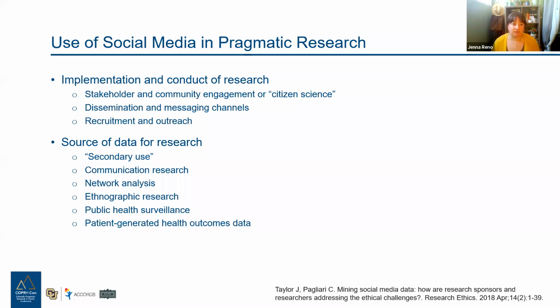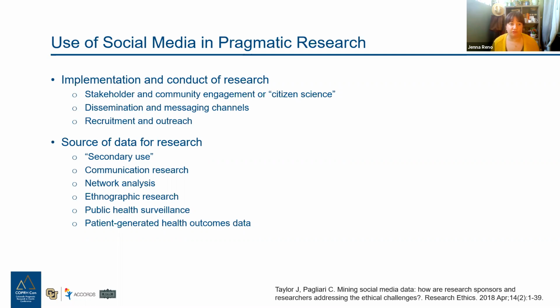This includes thinking about it as secondary use. We could use it for communication research, for comparing different strategies for communicating. You can perform what's called network analysis for understanding how different communities and groups of users are connected. You can perform ethnographic research by studying people in their digitally native environments.